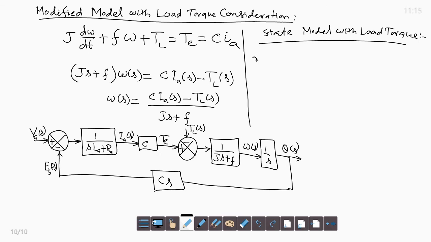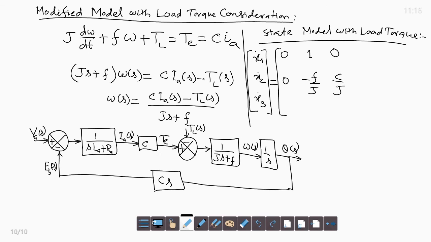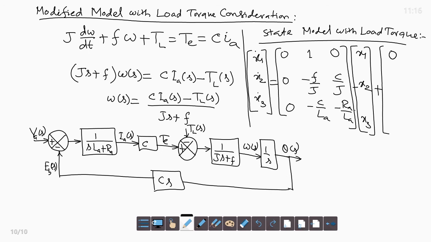So you have x1 dot, x2 dot, x3 dot: x1 dot is x2, x2 dot is minus f by J x2 plus C by J x3, then 0, minus C by LA, minus RA by LA, all multiplied by x1, x2, x3, plus 0, 0, 1 by LA into VA.